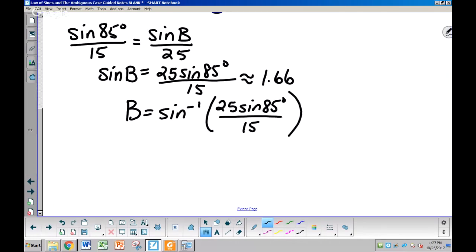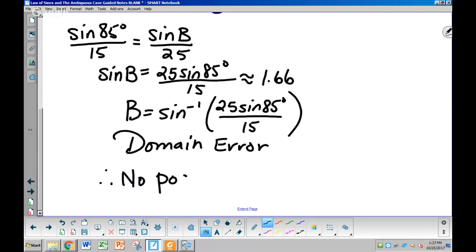This means, what did we get? We got domain error. On the calculator, it is not enough to write domain error. What do you have to say? Therefore, no possible triangles.